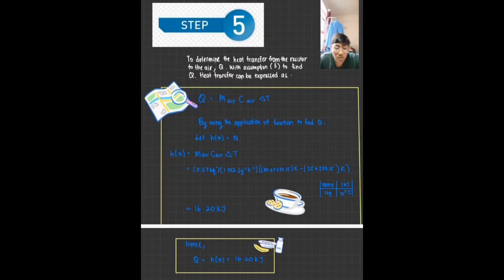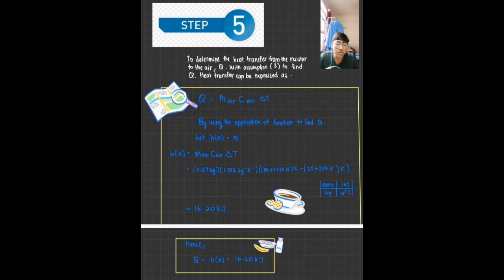So for step 5, to determine the heat transfer from the resistor to the air with assumption 3 to find Q. Heat transfer can be expressed as Q equals mass of air multiplied with specific heat of air and multiplied with difference in temperature. So by using the application of function to find Q, let Hs equal Q. So the equation of Hs is Hs equals mass of air multiplied with specific heat of air and multiplied again with difference in temperature.